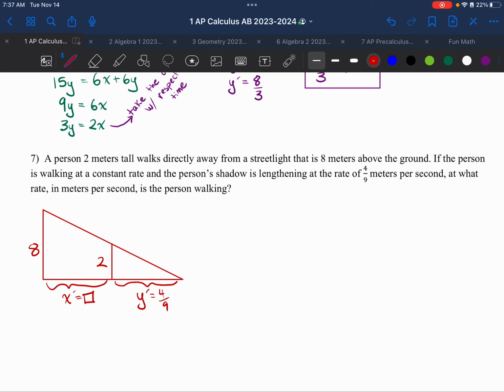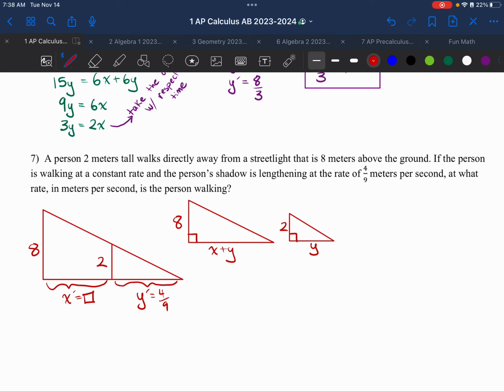So again, I'm going to separate this into 2 triangles to make this a little bit easier to see. I have a big triangle, and I have a small triangle. And they should be similar triangles for the reasons stated before. This triangle is 8 and 2 for the heights here. This length here is x plus y, and this length over here is just y.